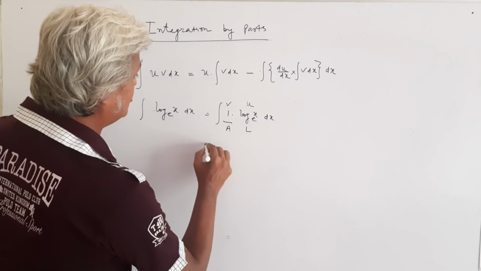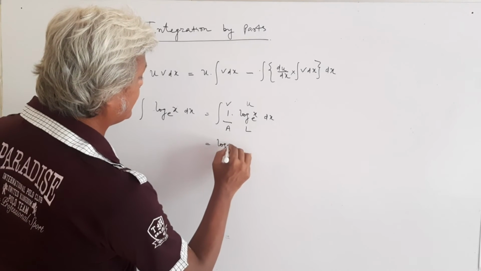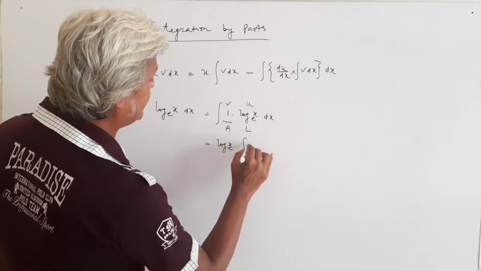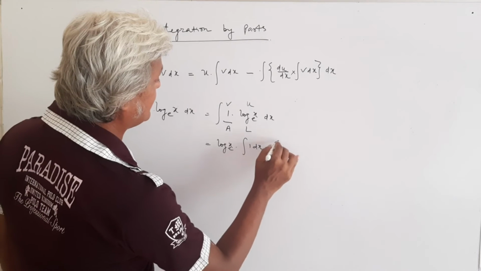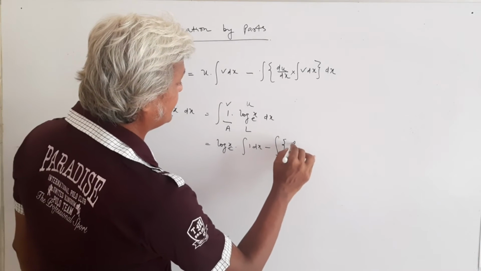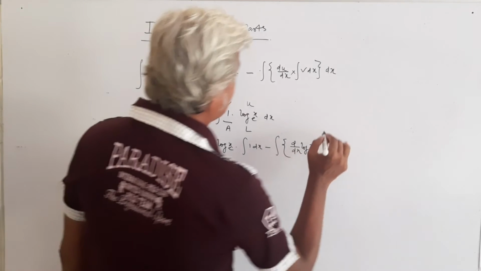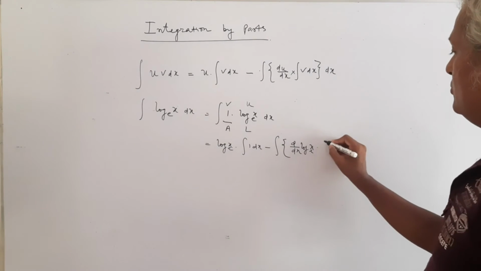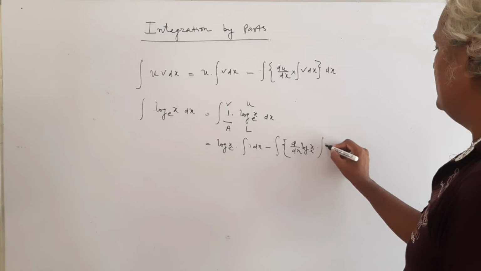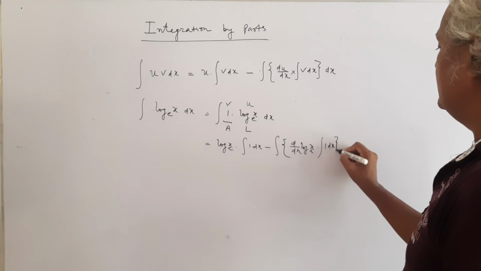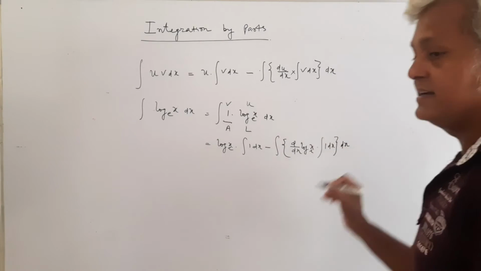So what you need to do is keep log x to the base e constant, integration of 1 dx minus integration of differentiation of what was unchanged, that is log x to the base e, into integration of 1 dx and then dx again.